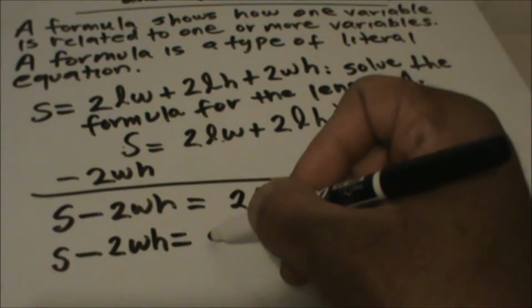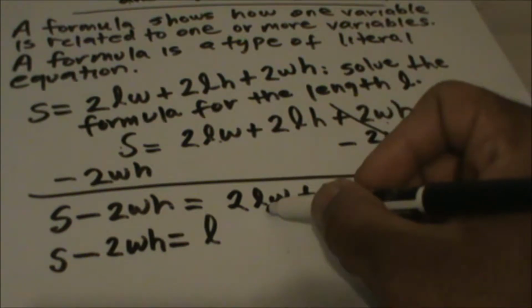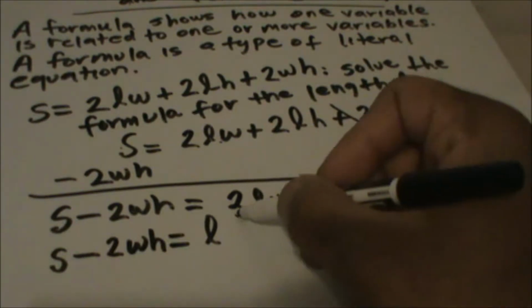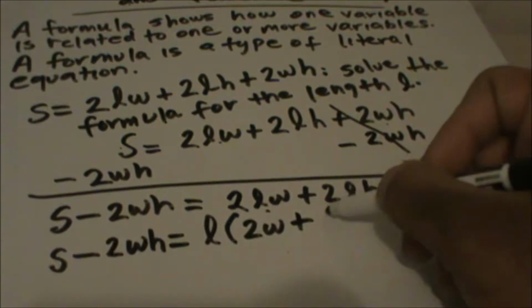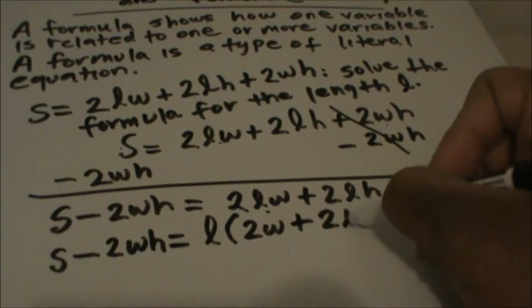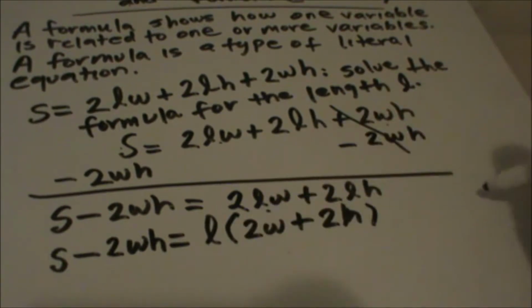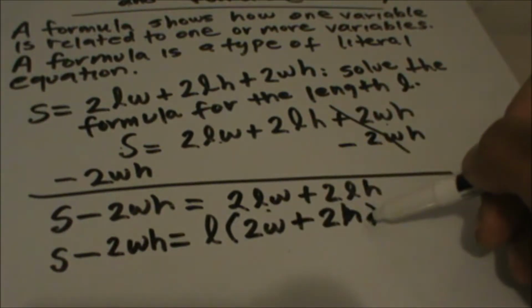Now I'm going to factor out L because L is in common with the W and with the H. So I'm going to have 2W plus 2H.